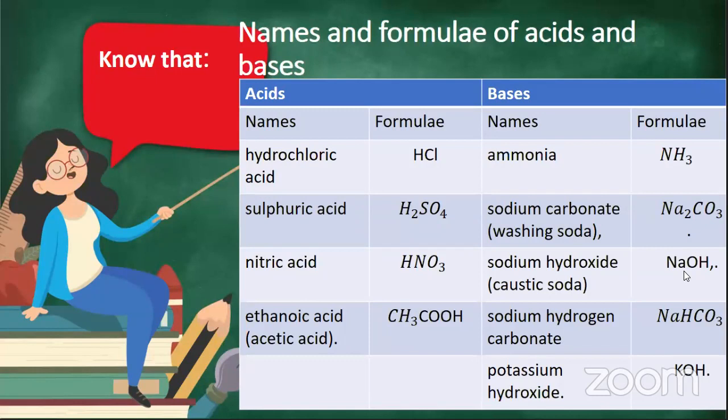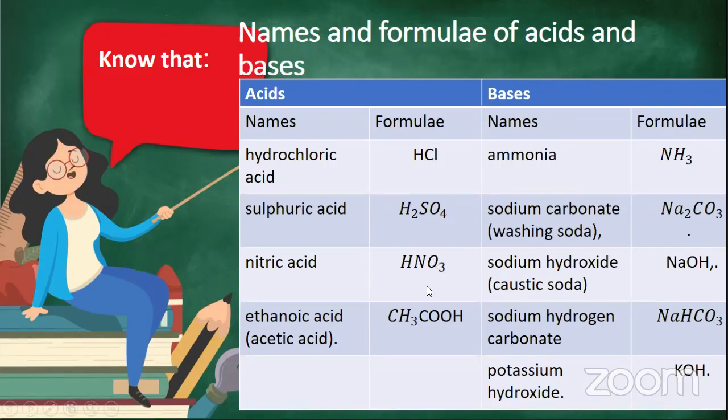Right, let's look at the common names of acids and bases that you'll always encounter. Hydrochloric acid will be given as HCl, sulfuric acid as H2SO4, and then nitric acid HNO3.